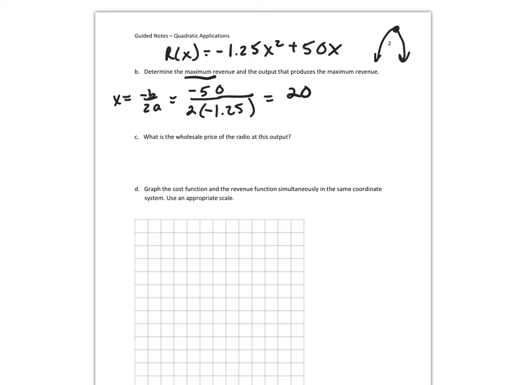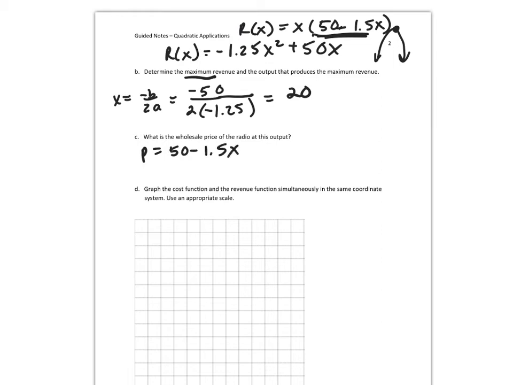All right, what is the wholesale price of the radio at this point? Now, you might say, hey, I don't have a price equation. But if you look back on the first page, revenue was given as x times 50 minus 1.25x. X times P, there's your P. P is 50 minus 1.5x.